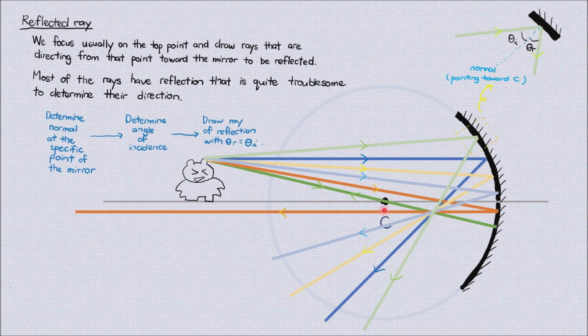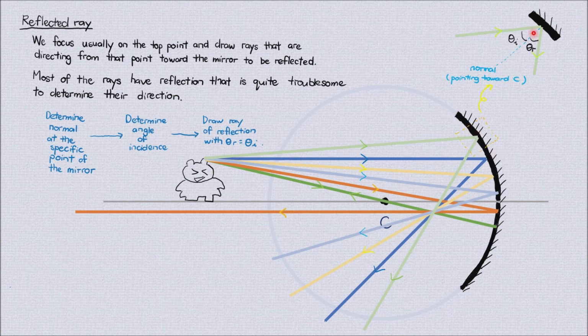And you learn from your maths that any radial line from the center to any point on the circle will be normal to the spherical surface. That's what you learn in your Form 3, the tangent line and the normal line.